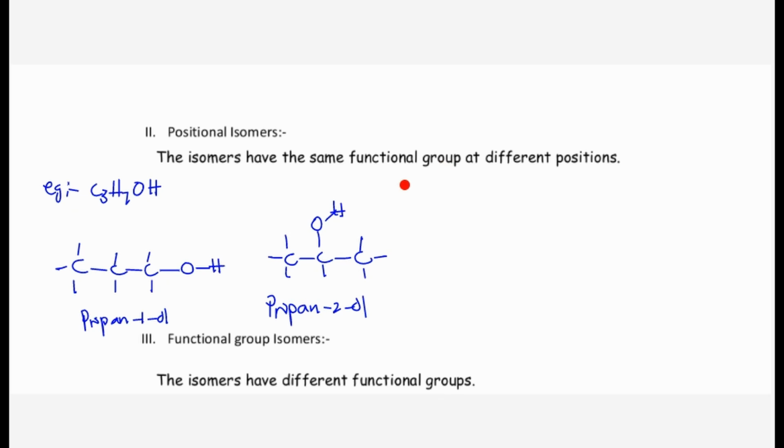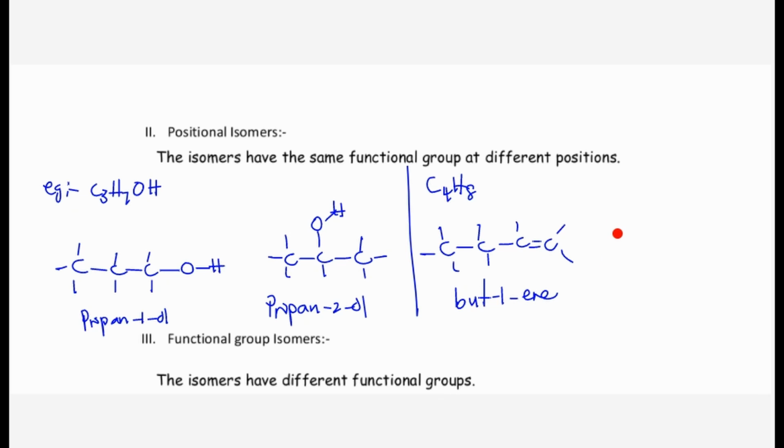Another example, say I take the alkene C4H8. I can draw but-1-ene and but-2-ene.